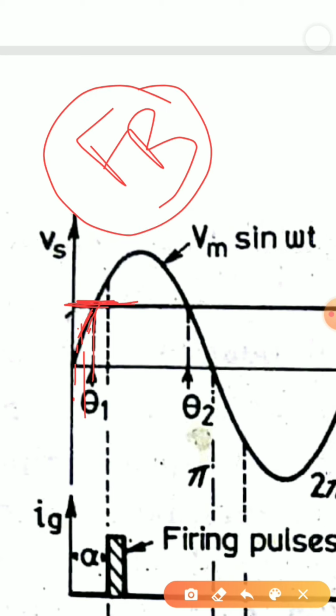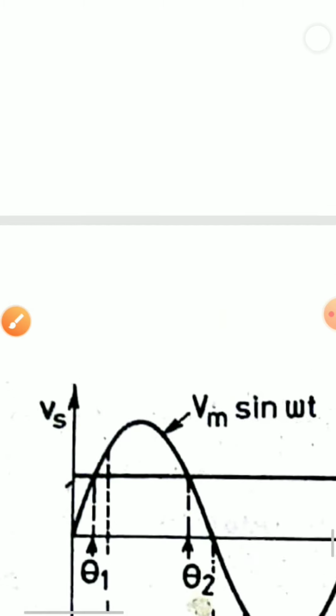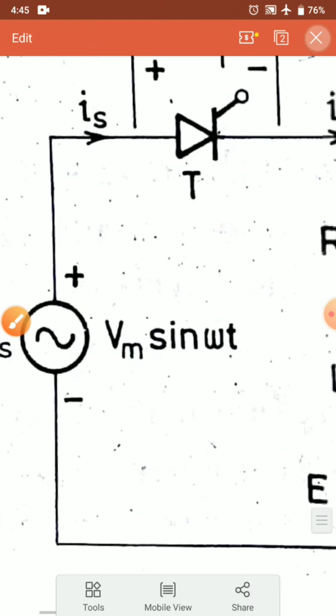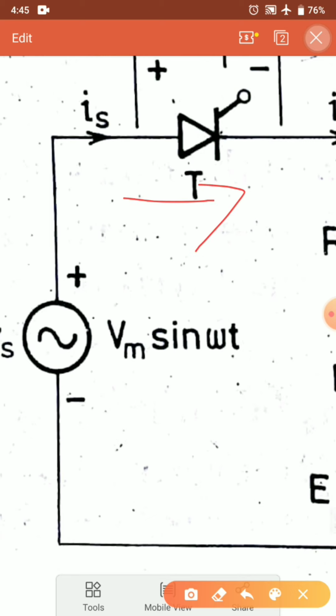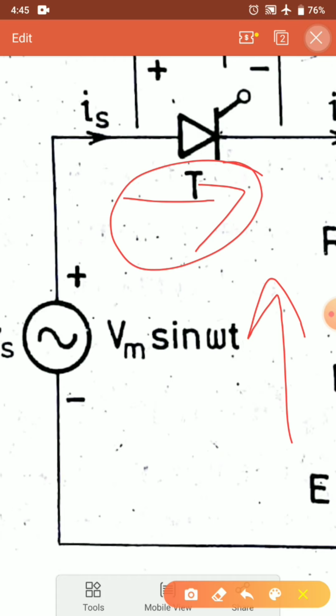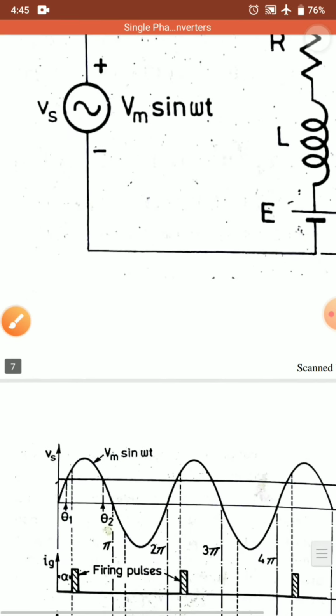The E level is more than the level of the current flowing across the SCR. Current is trying to flow in this direction, but E is opposing. The current flowing because of E is greater than the current flowing because of the source, so the SCR will turn off.